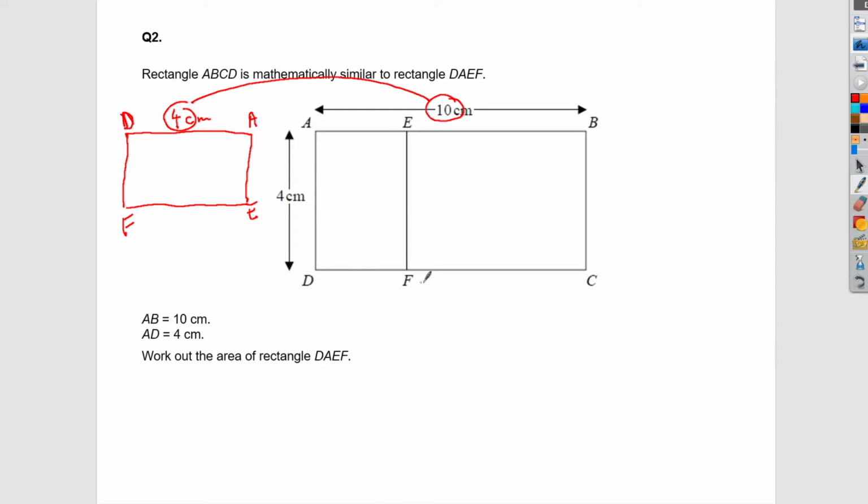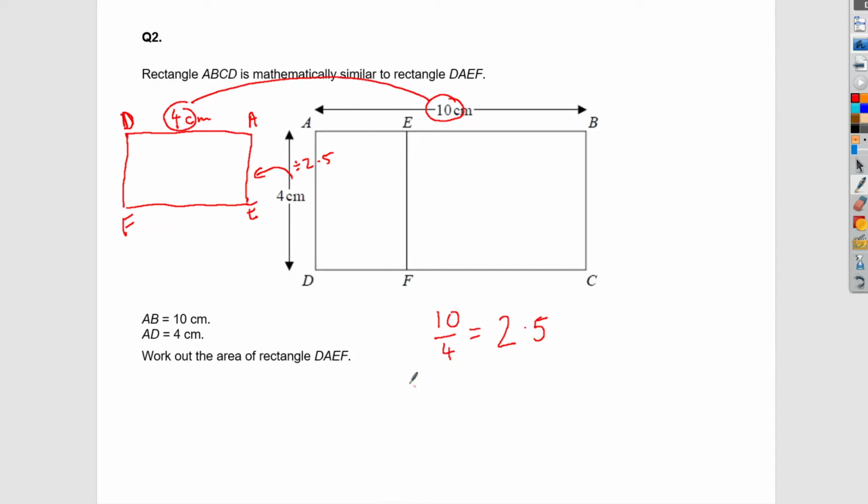So the easiest way is to just do 10 shared by 4, which goes in twice, remainder 2 over 4 is a half. So the multiplier here is 2.5. Now, I've timed something by 2.5 from this side to get this side. So the reverse, if I want the side here to here, is divide by 2.5.